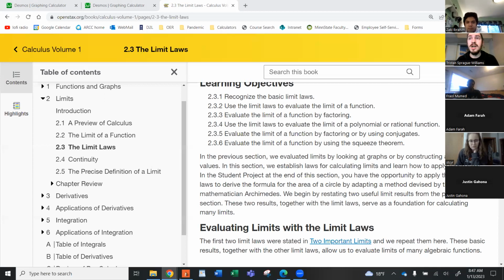I want to answer Elijah's question in the chat there. Elijah's basically asking, I think, can you give more than one answer for a limit? And the answer is no. A limit, like a function, should have one and only one output.